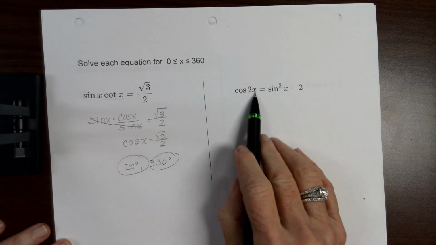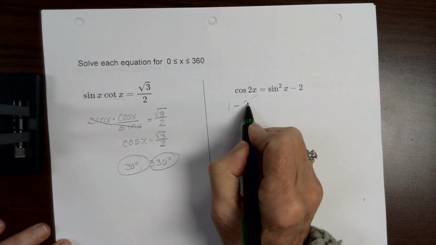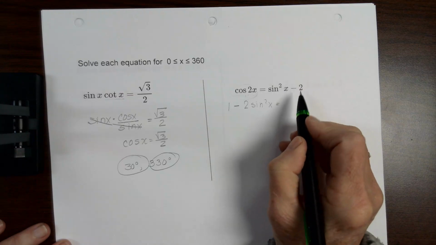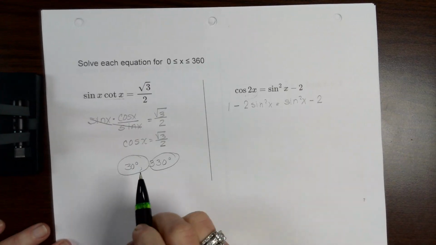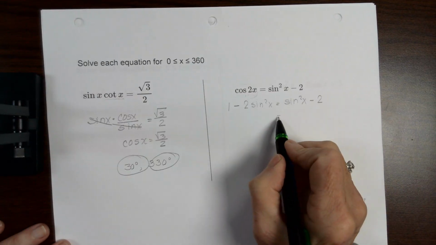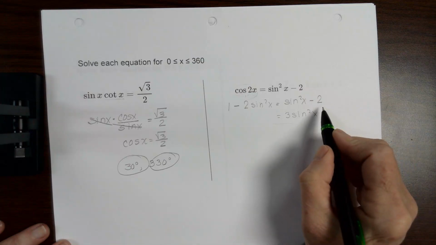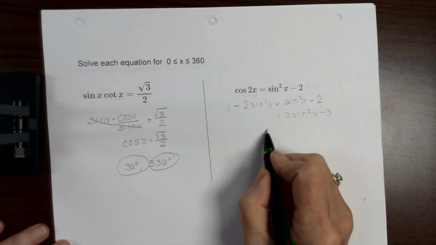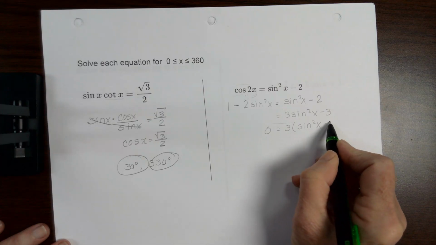This one I'm going to convert using one of my identities. Because this is a sine, I'm going to change this to 1 minus 2 times the sine squared x is equal to sine squared x minus 2. I'm going to need to bring this all to one side, so I'm going to add the sine squared x, which is going to give me 3 sine squared x. I'm going to subtract the 1, which is going to give me a negative 3. And if you look here, I can factor out a 3, so I have sine squared x minus 1.